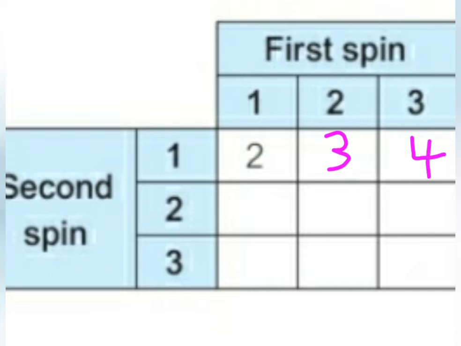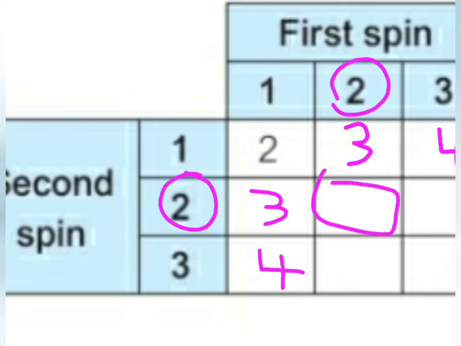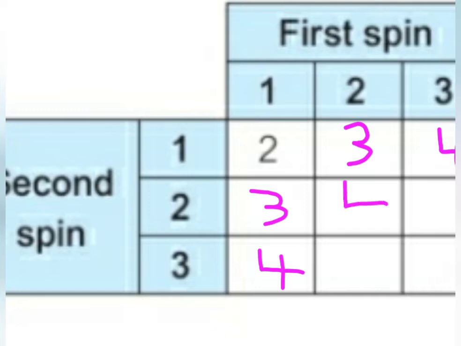Very good. And then here, you get 2 and 1, so it's going to be 3. Good. And here 1 and 3, so it's going to be 4. Very good. And here same thing, 2 with 2, it's going to be 4. Good.